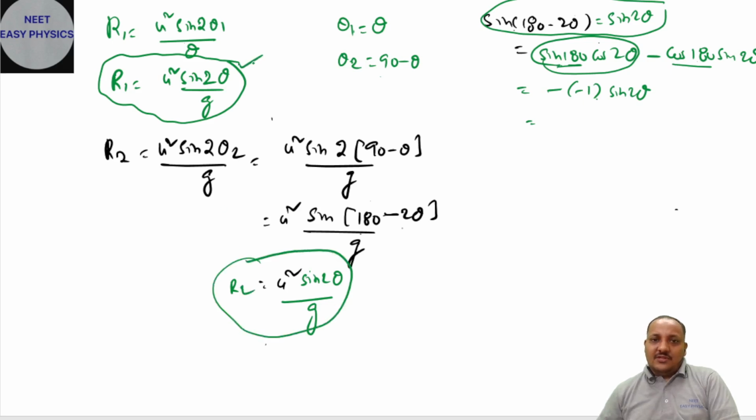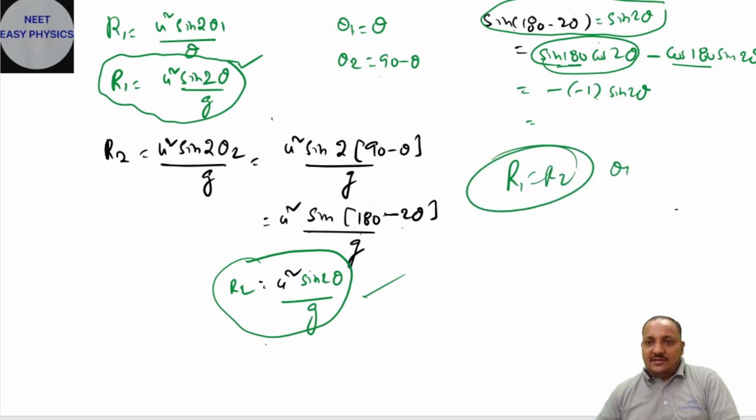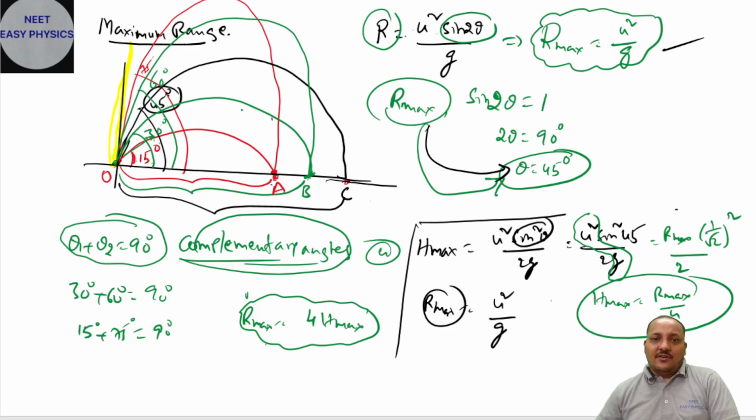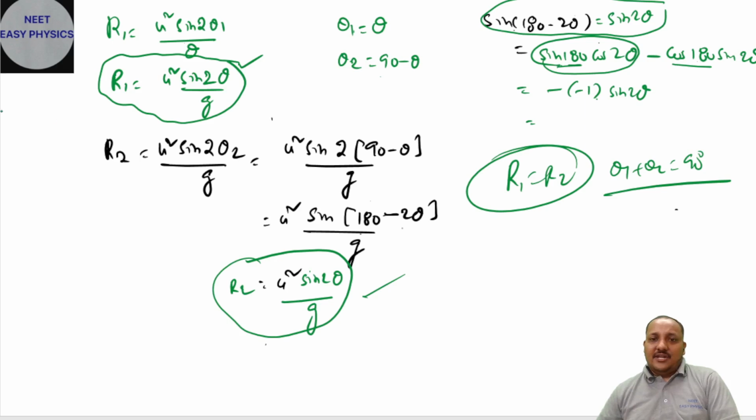Now see, both R1 and R2 are the same, correct? Therefore, ranges are equal for complementary angles. Therefore, where 15 degrees is reaching, 75 degrees also reaches the same range. So if two angles sum to 90 degrees, their ranges are equal.